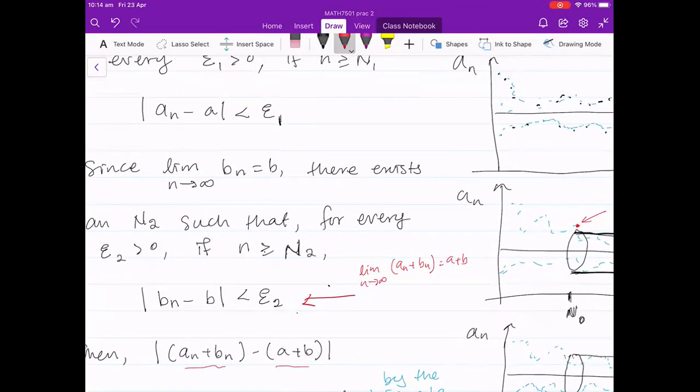Okay, now start with that. What's the next step? How would you split that into two absolute values? Anyone?